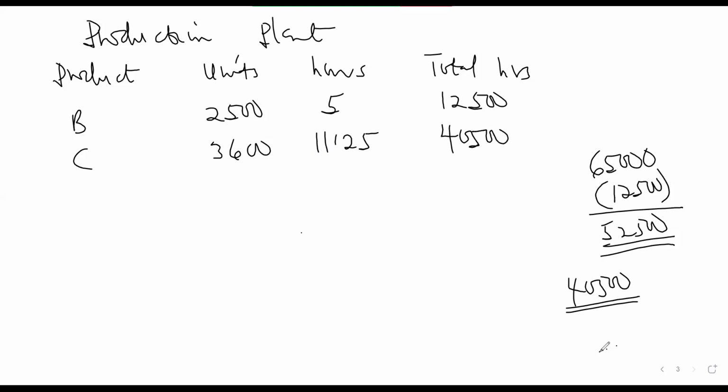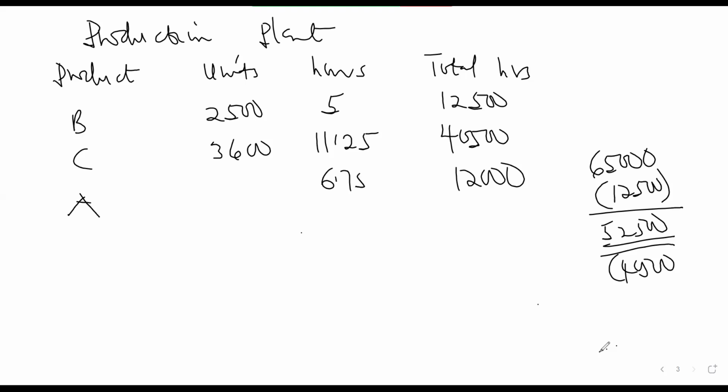So what will be the remaining hours now? 12,000. So that 12,000, we have to use it to produce what? A. Okay. So A, how many hours are we using to produce A? 6.75, isn't it? Would that be 6.75?